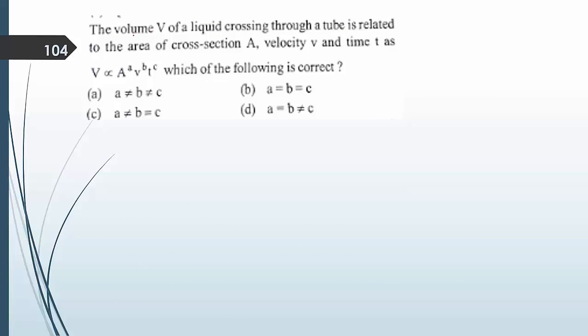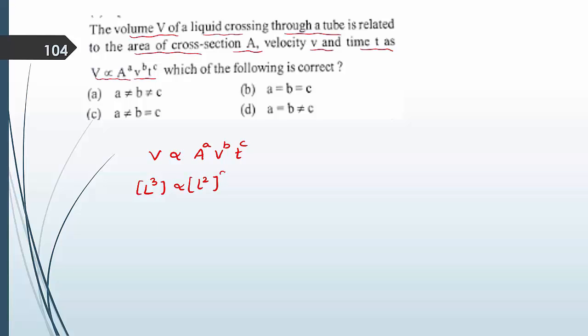Question number 104. The volume V of a liquid crossing through a tube is related to the area of cross section A, the velocity v and time t as V is proportional to A raised to a, v raised to b, t raised to c. Which of the following is correct? Observe here the given equation. V indicates volume, volume is L cube, proportional to A indicates area, L square, raised to a.